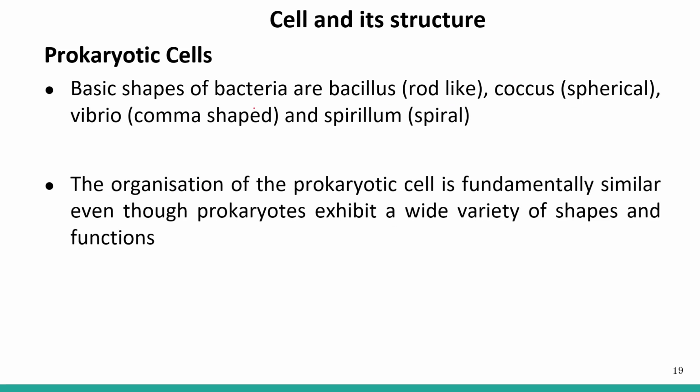So basic shapes of bacteria are: bacillus. Bacillus bacteria are rod shaped. This is the rod shape bacteria, that is bacillus. Coccus, spherical shape. Diplococcus, two cocci, okay, like this.